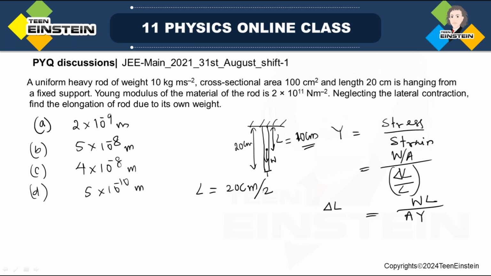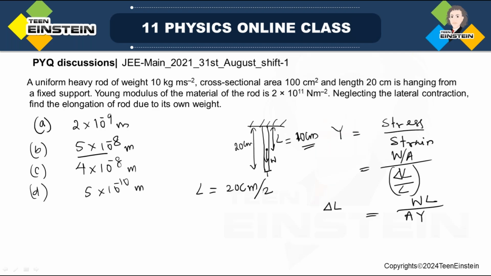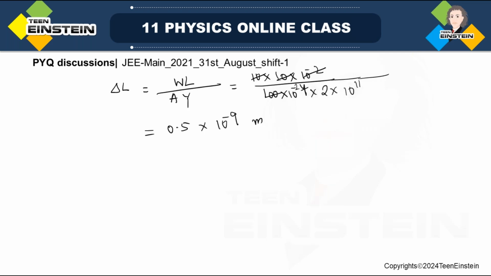So what are the options given over here? Okay, so it is like this: 10 to the power 5 into 10 to the power 8. Let me just check whether you have done some mistake. Okay, 100 centimeter, 10 kg, 20. Yes, that's fine. Everything is fine over here. So this is 0.5. 0.5 means 5 by 10.